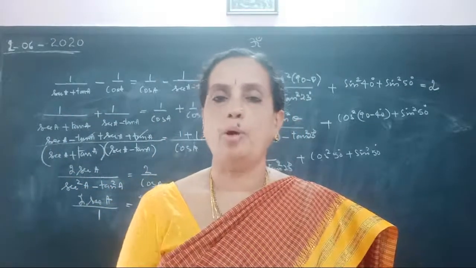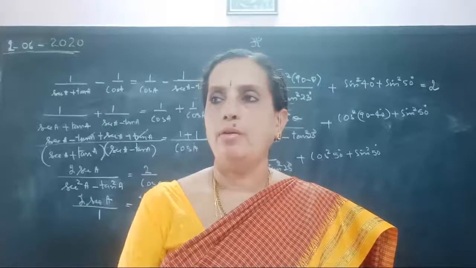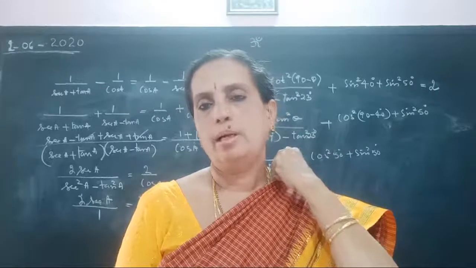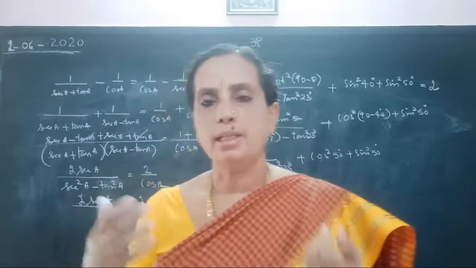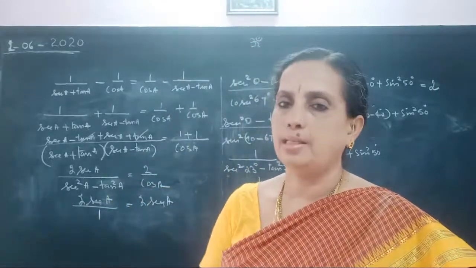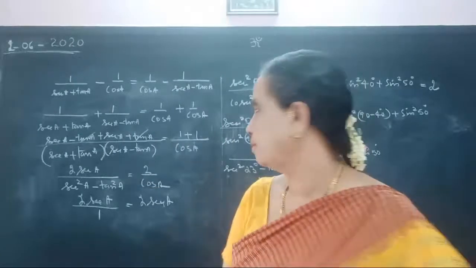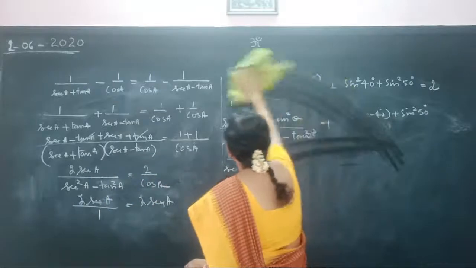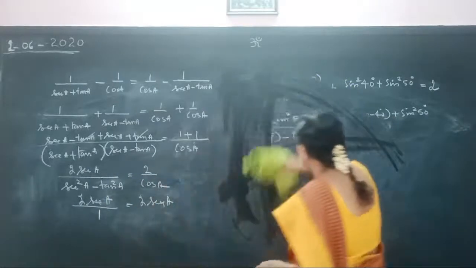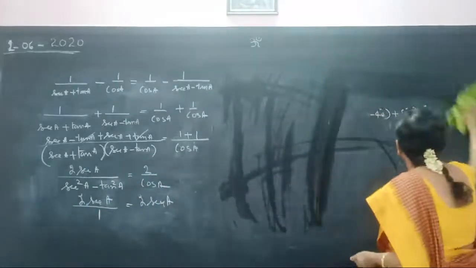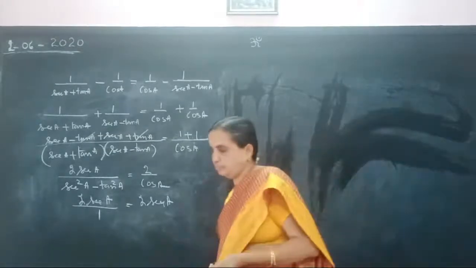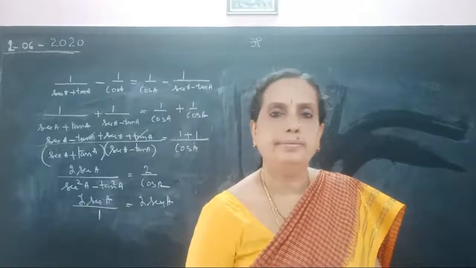Most repeated problem here. We have to interchange. Without interchanging also we will get the answer. But when we interchange, with the simple steps we can reach LHS equal to RHS. Is clear?